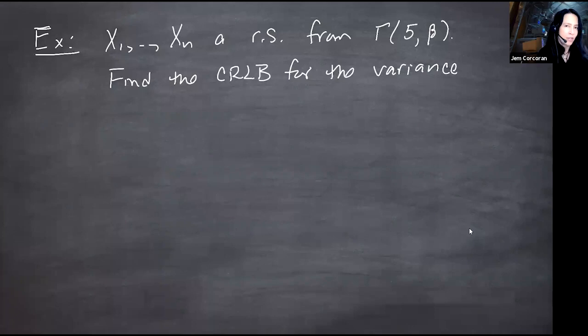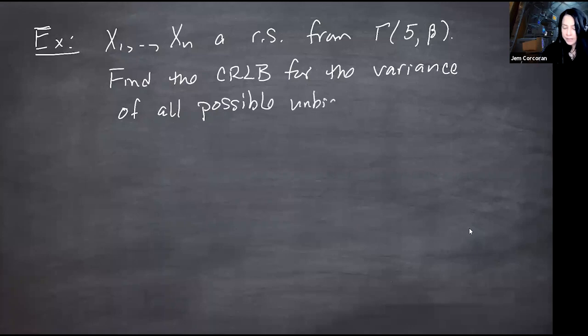That's usually written in shorthand as the Cramér-Rao lower bound for beta, but it's not bounding beta. It's bounding the variance of all possible unbiased estimators of beta.